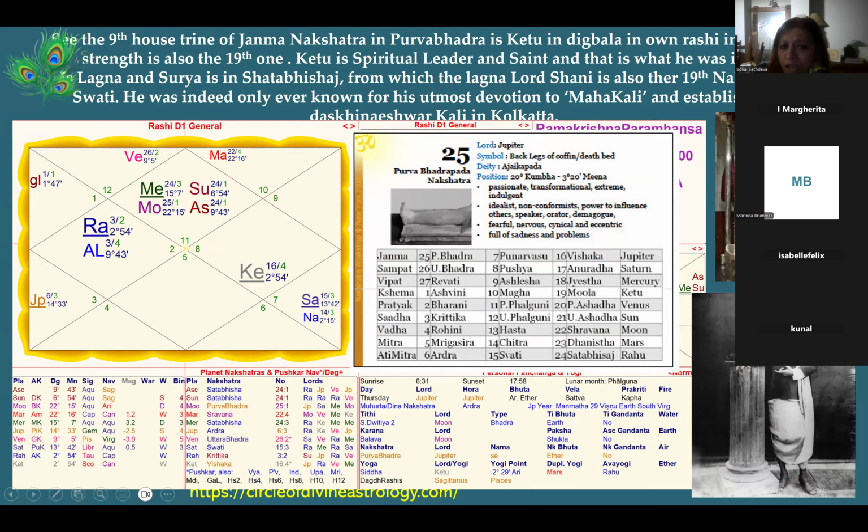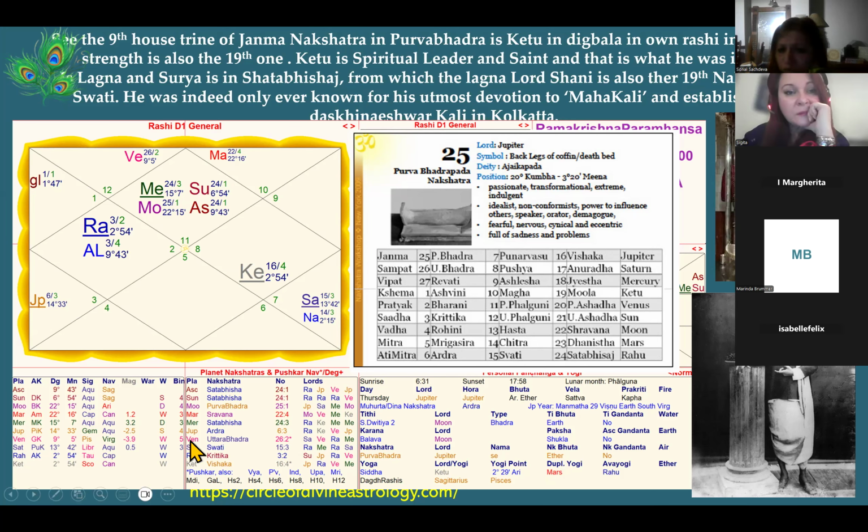Now, does anyone have any of the combination like this? I have. My Janma Moon Nakshatra is Ashwini, and I have Jupiter in Mula. Oh, very nice.